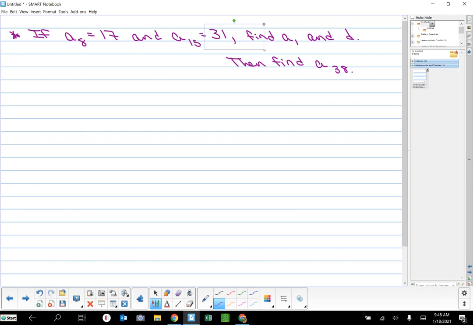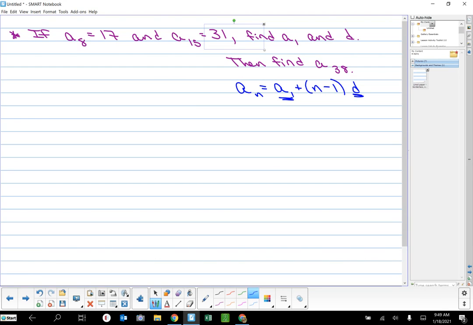Okay, so this is kind of a multi-part question. Now, the only thing we know about finding an nth term, a sub 38, is this formula. We have this guy that we used a minute ago. Now, we don't know d. We don't know a sub 1.